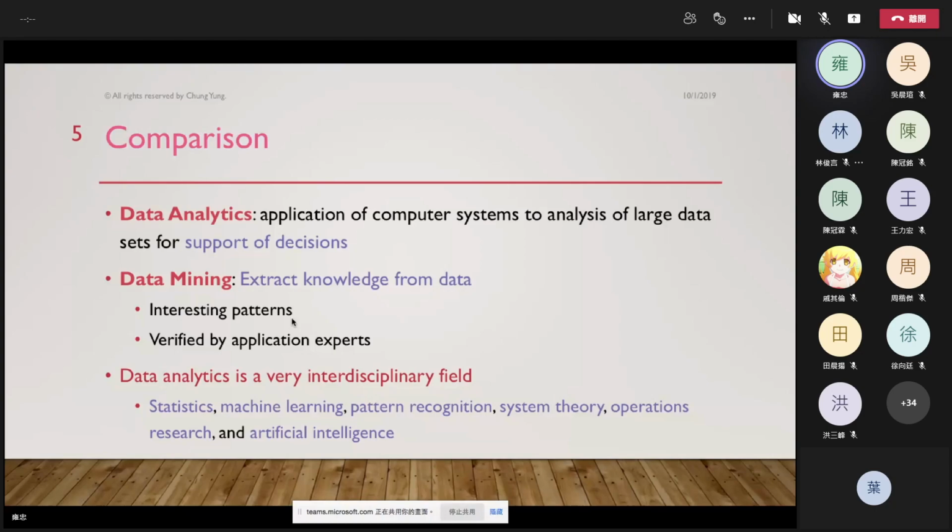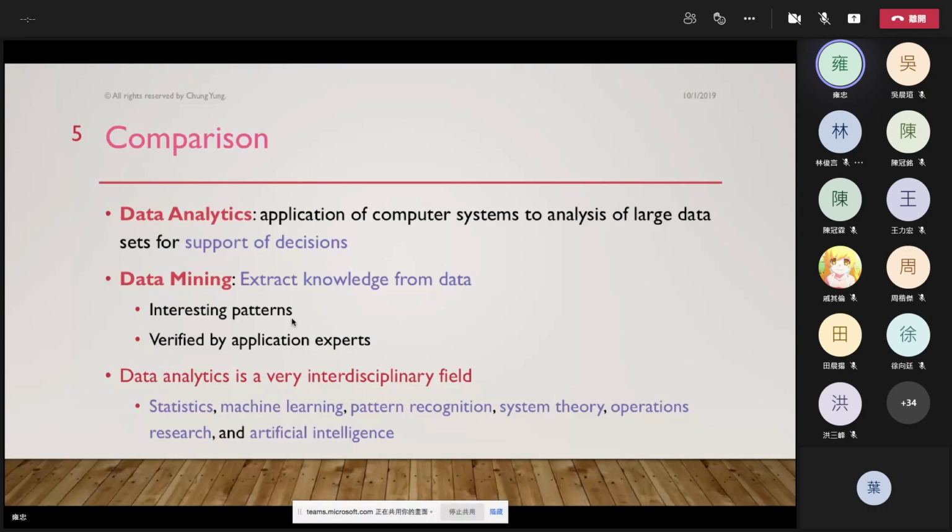Machine learning: in a lot of cases, we will apply machine learning algorithms to construct the data analysis engine. They can do automatic analysis or automatic updates when new data comes in.